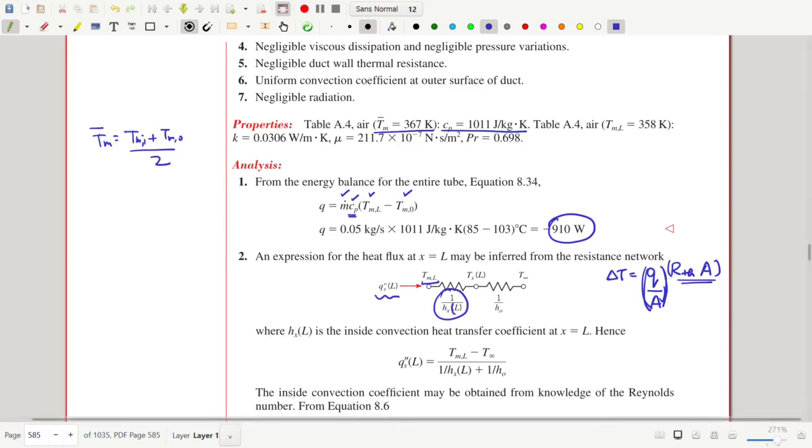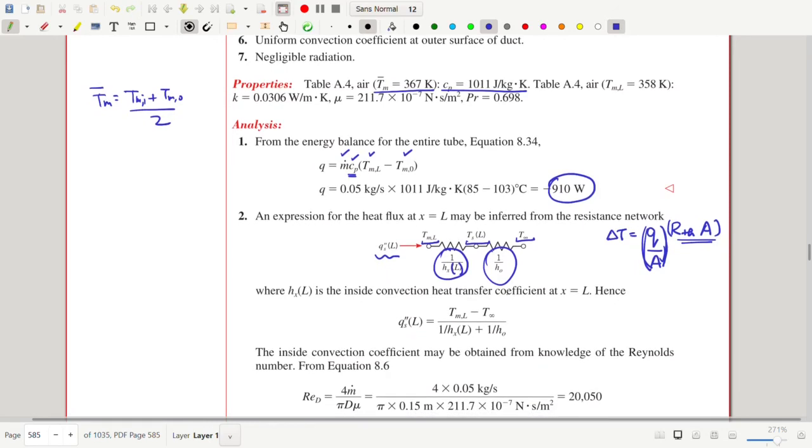The L in the bracket denotes the local heat transfer coefficient at the exit of the pipe, that is, at x equal to L. Then you have the pipe surface temperature, T surface at x equal to L, and then a resistance because of convection to the outside air, which is 1 upon h0, and then you have the outside ambient temperature, T infinity, which is 0 degree centigrade.